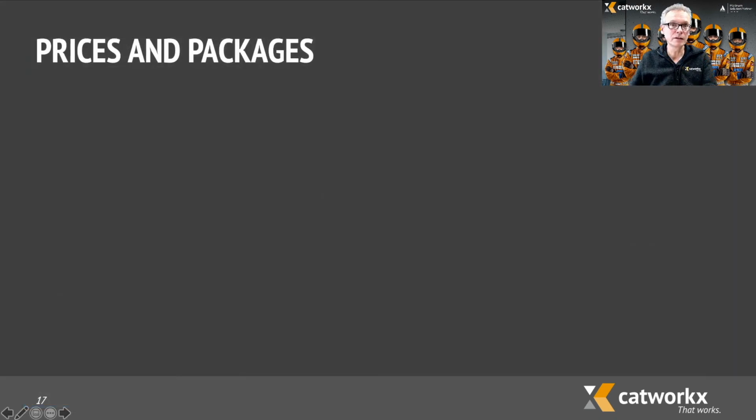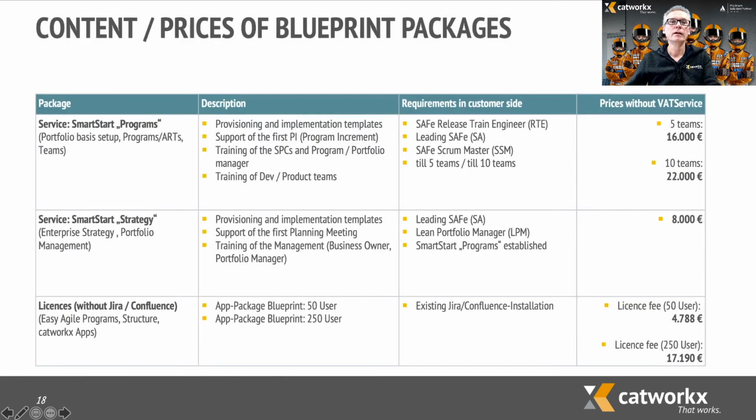And now, the best of all, the price of this package. As mentioned at the beginning, the blueprint contains different modules and variances. First of all, you need an existing Jira and a Confluence instance. You have surely one. If not, we can also provide the base products.